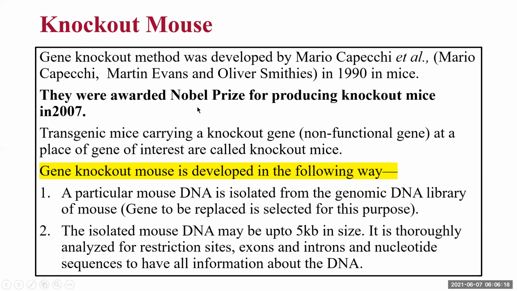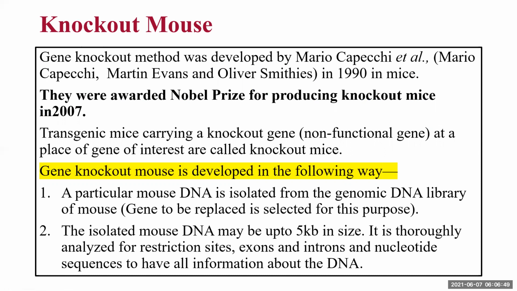Now, transgenic mice carrying a knockout gene, that is, a non-functional gene at the place of the gene of interest, are called knockout mice. Actually they are transgenic mice, which means they have some outside gene, a gene from other mice or from another organism.